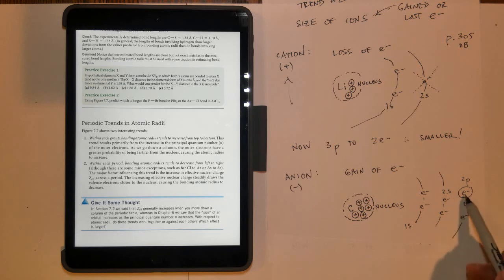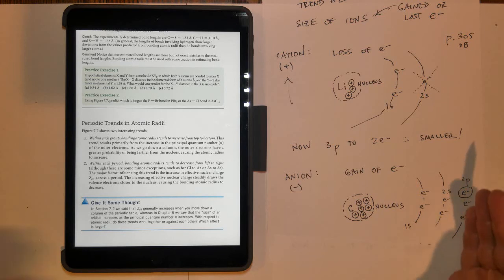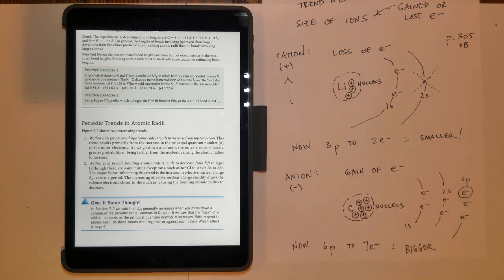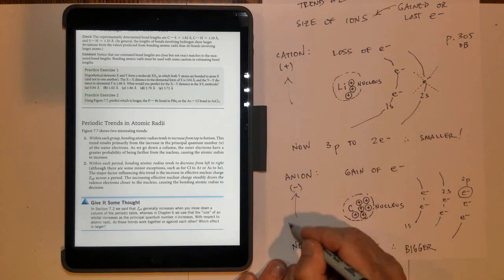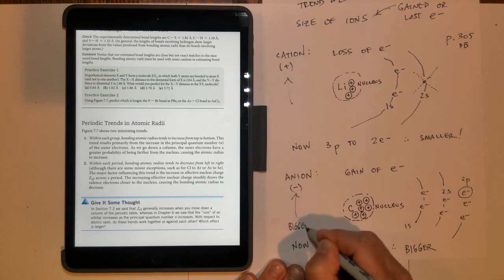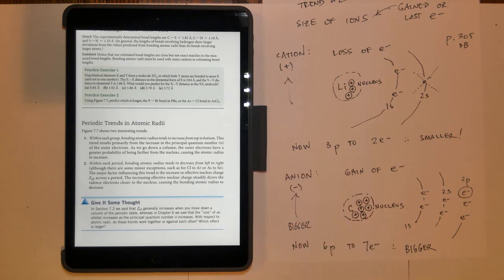Well, what happens if you have 1 more electron than the number of protons? Well, now these electrons obviously experience less pull towards the nucleus, and therefore it gets bigger. And so anions, generally negative ions, get bigger when they gain an electron versus their regular atomic size.